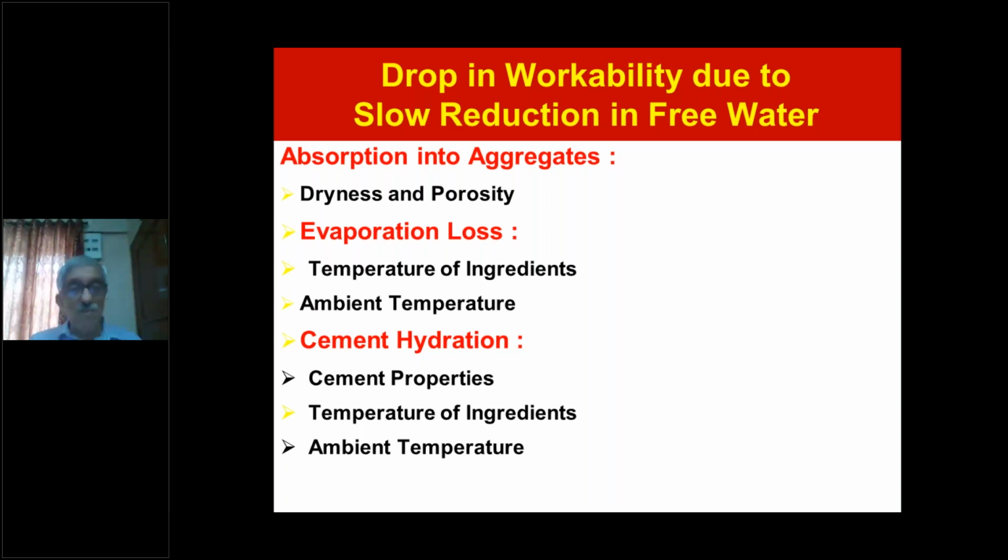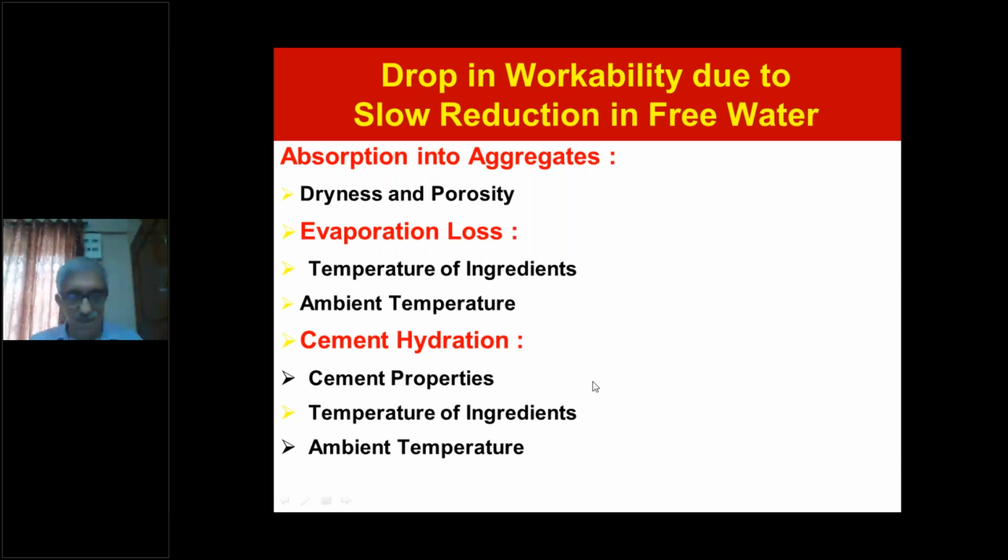Sometimes the temperature of the ingredient is very high because they are brought from hot sun. They are black in color, so they have absorbed heat, and the ambient temperature is higher than what was envisaged, and it caused loss of evaporation during the transit or during the mixing.